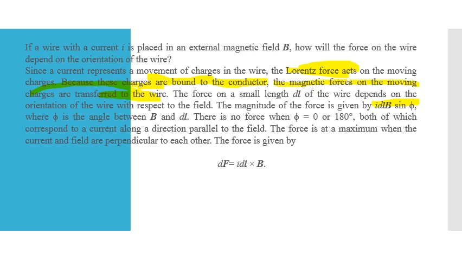The force is maximum when both are perpendicular. And the force can be written as dF is equal to I dl cross B.